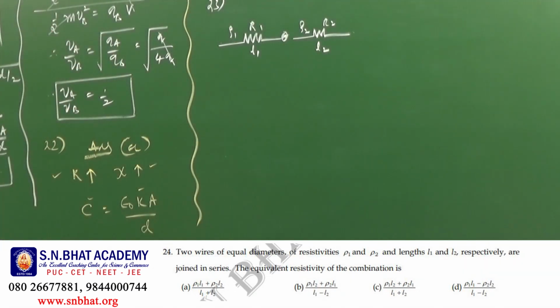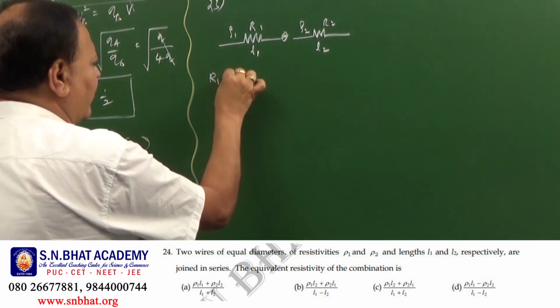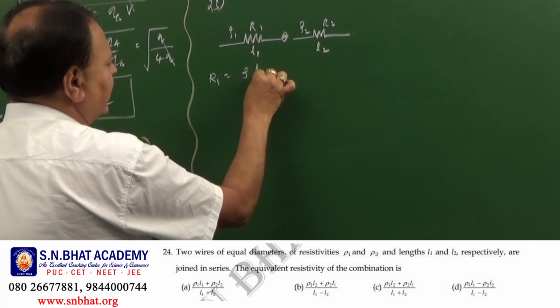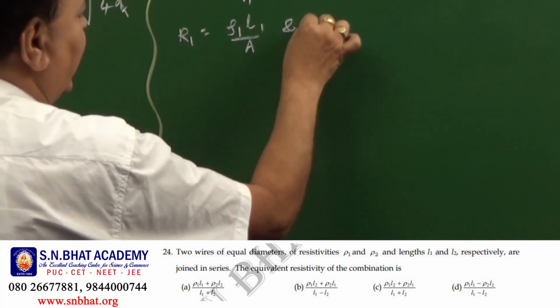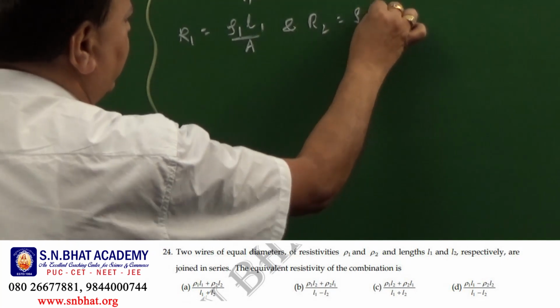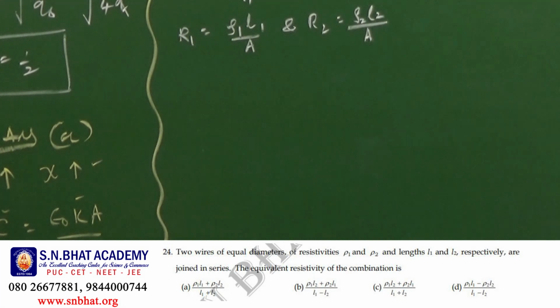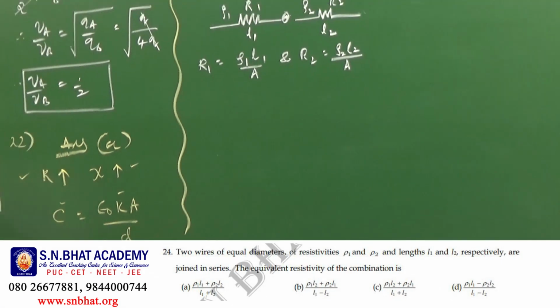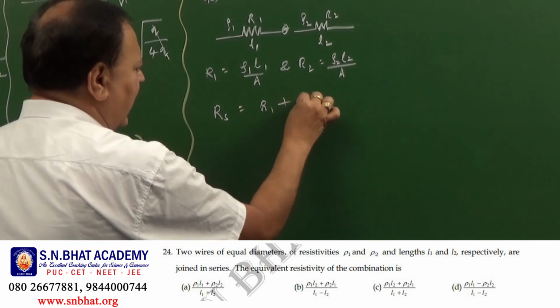They ask what the equivalent resistivity of the series combination will be. You know that your R1 is equal to rho into L by A. This is rho 1 L1, and your R2 is equal to rho 2 L2 by A. When two are in series, your RS is equal to R1 plus R2.